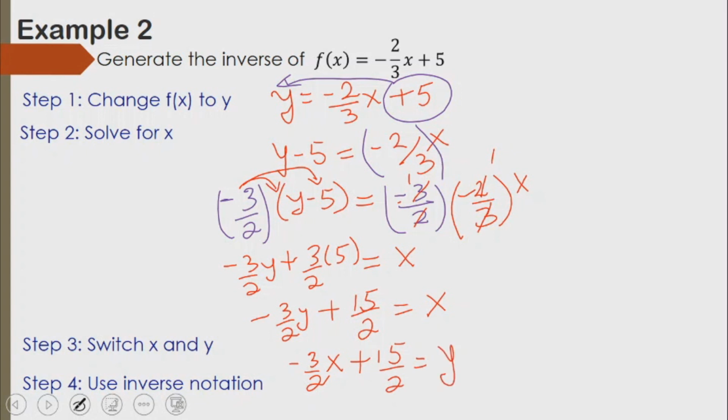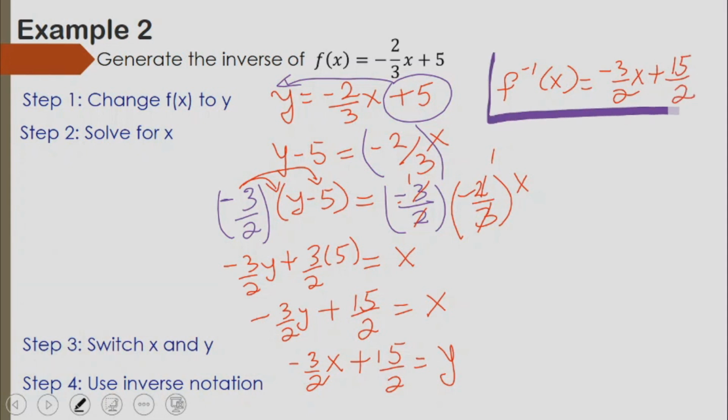And this is our inverse function. So you can just write that using the inverse notation. So the inverse of f of x will be negative 3/2 x plus 15/2. And that is the correct answer.